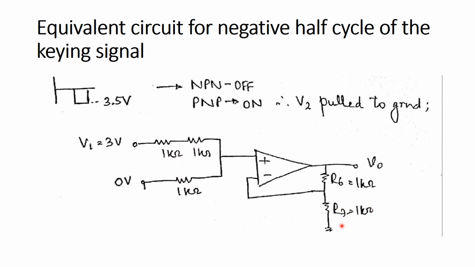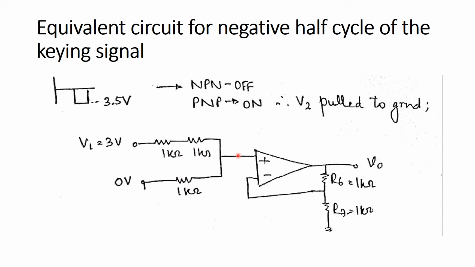R6 acts as the feedback resistance, R7 acts as the input resistance. Again we can analyze the output by using the non-inverting summing amplifier concept.